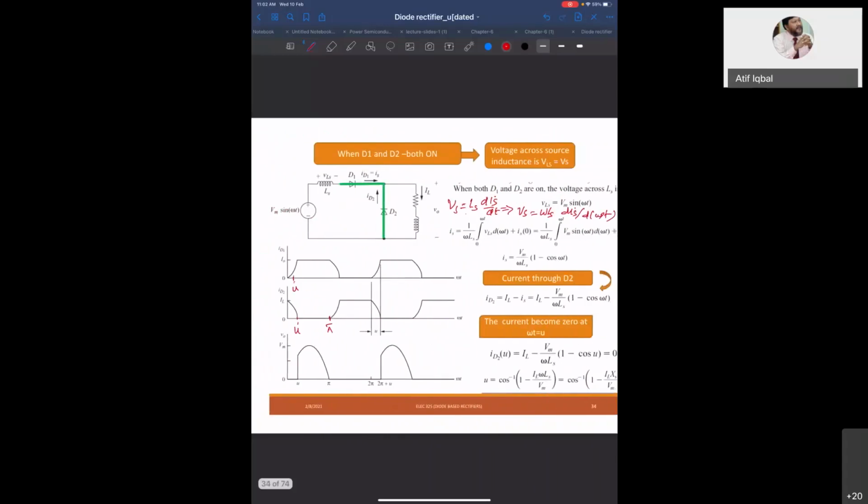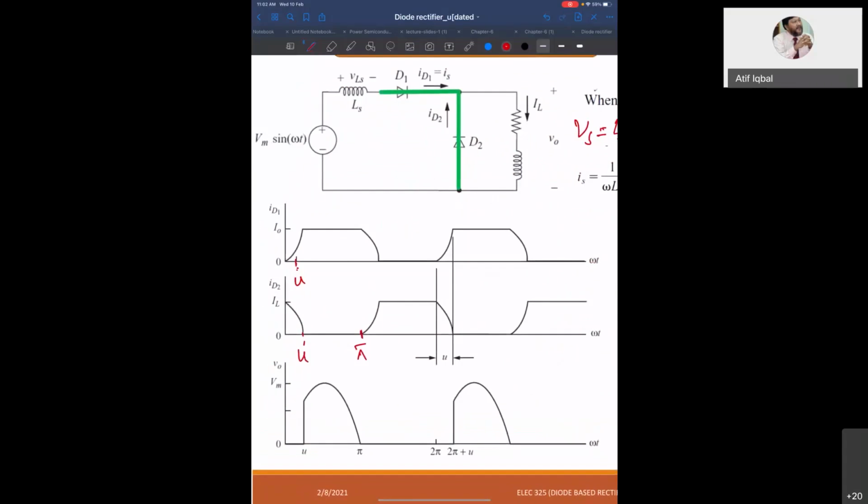If you look at the waveform, it will be more clear to you. Say we look at this from here. This is diode current D2, and we look at this interval.